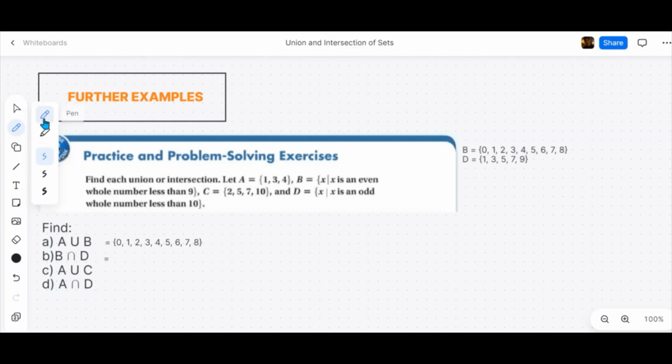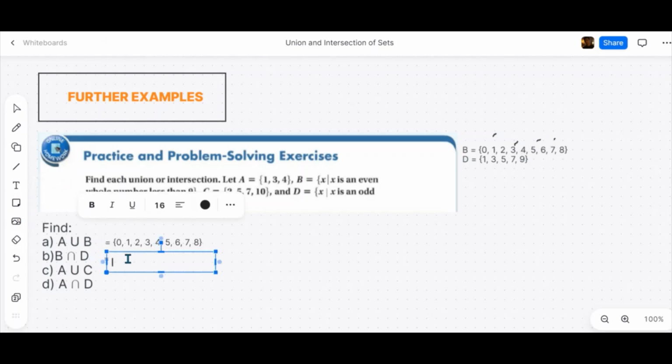By observation, we can see that it has elements in common, which are 1, we have 3, and 5, and also 7. So therefore, these must have the elements of 1, 3, 5, and then 7.